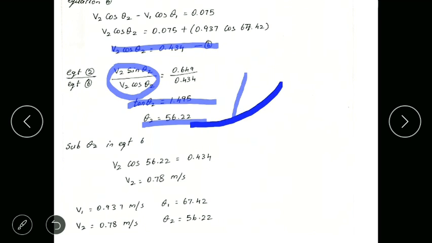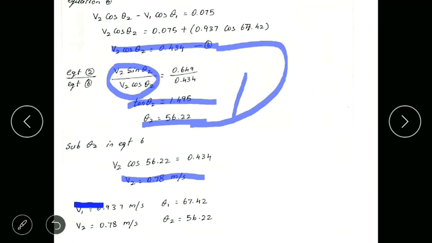Now substitute this theta 2 into equation 6: V2 cos 56.22 equals 0.434. From this we get the final velocity V2 equal to 0.78 meter per second.